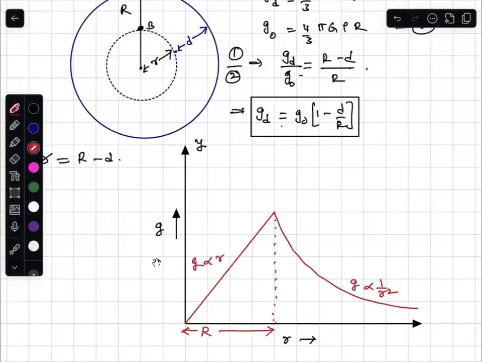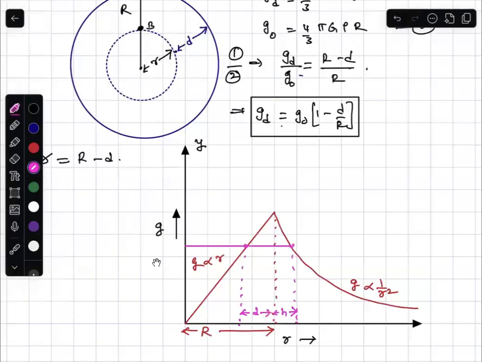But you should see one observation here. What is that observation? You can see that there exist 2 points, a particular depth and a particular altitude, where the magnitudes of g are the same.